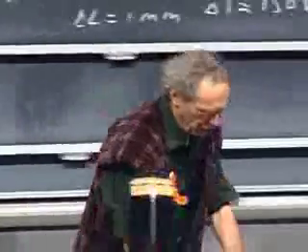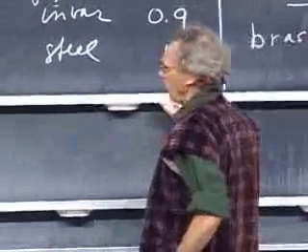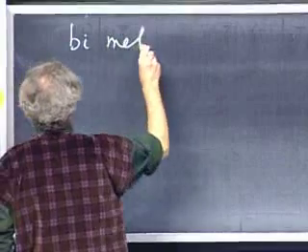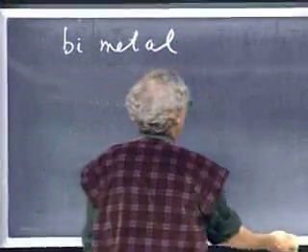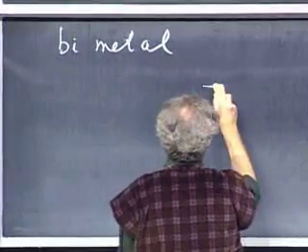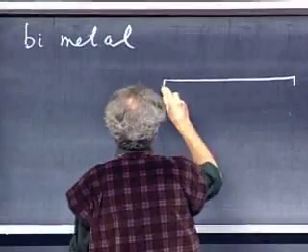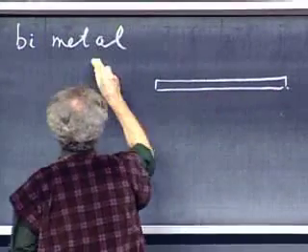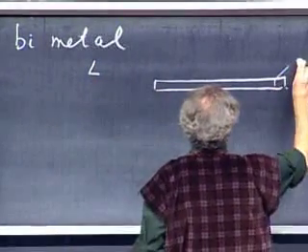A very important application of the expansion of metals is what we call bimetals. They're all around you. A bimetal is the following. Say I have a strip here, length L, of invar.